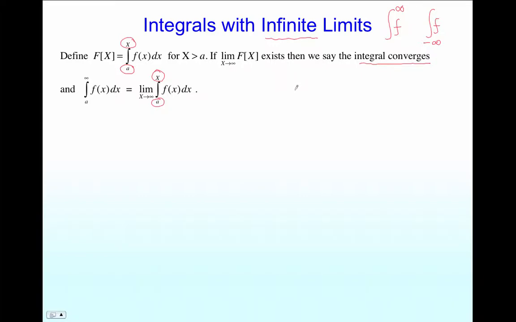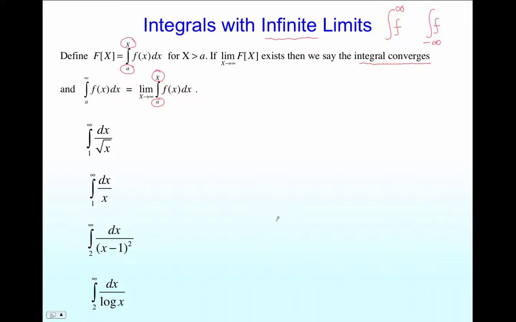Let's now look at possibilities. So you could have, for example, the integral of 1 over square root of x from 1 to infinity, or you could have the integral of 1 over x, or you could have 1 over x minus 1 squared, or you could have the integral of 1 over log x.